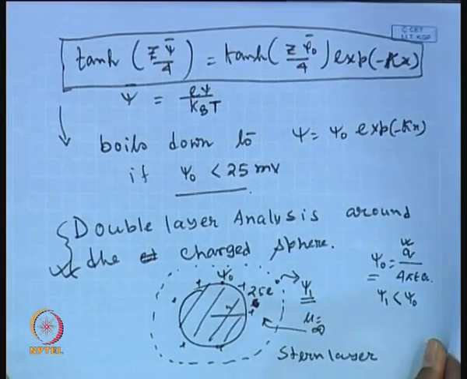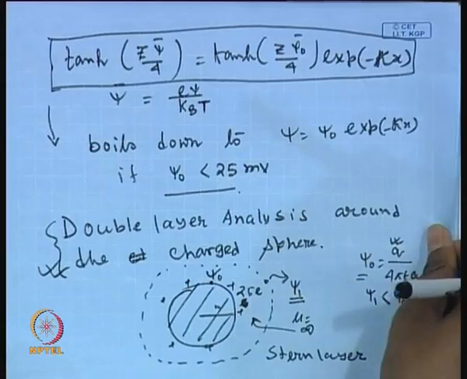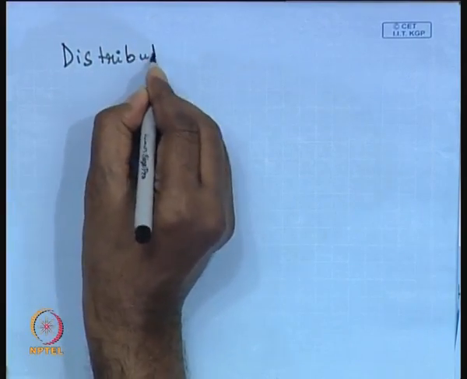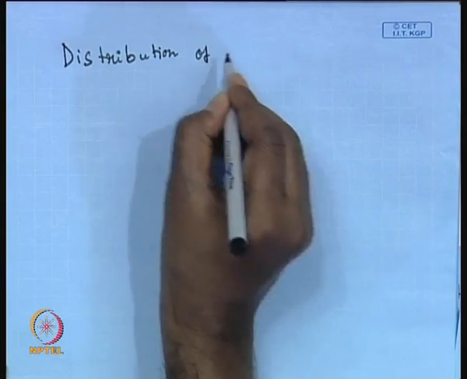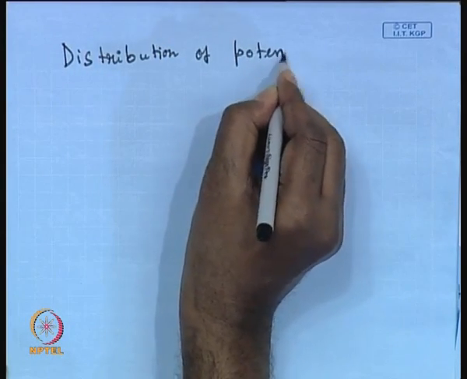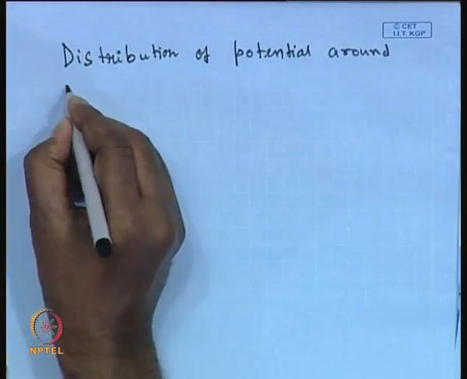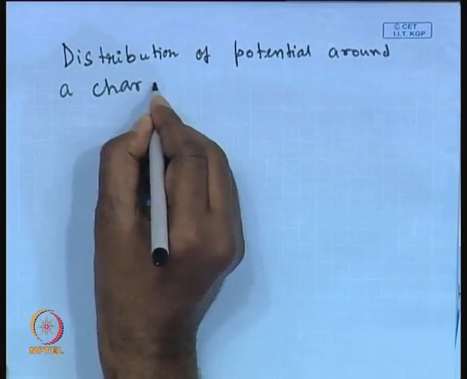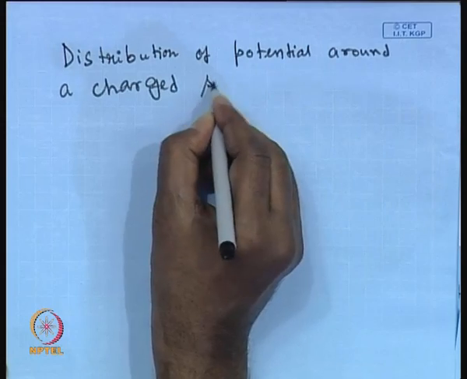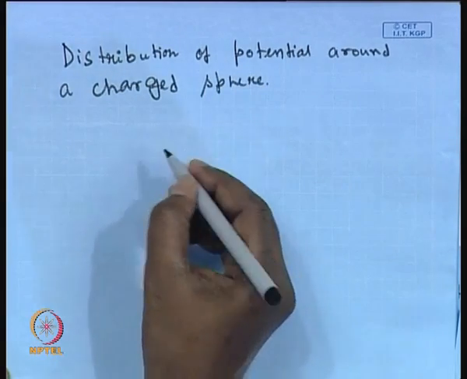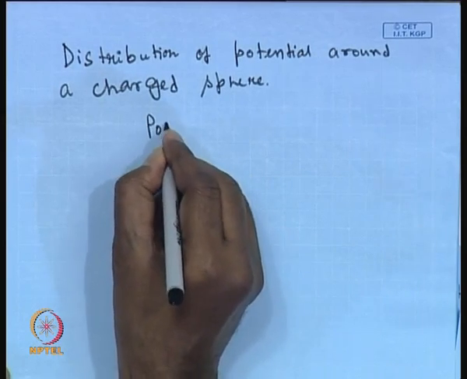So, if you want to have a distribution of potential around a charged sphere, the first thing you have to do, the starting point, is the Poisson equation.